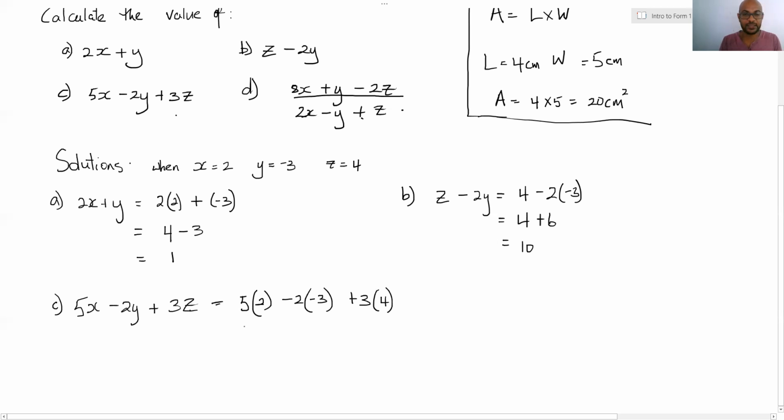And then my next line is to multiply these brackets out. 5 by 2 is 10. -2 by -3 is going to give me +6. +3 by 4 is going to give me 12. And then we just add all of these together.